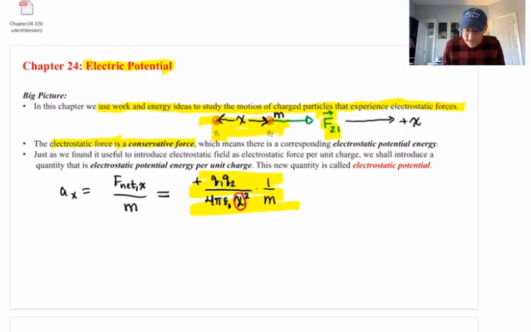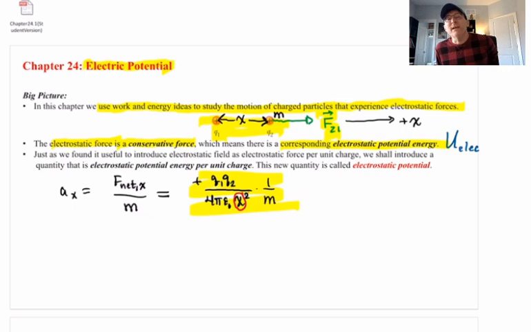And if that's true, that means there is a corresponding electrostatic potential energy that we could denote U, or U electric. So just like we had a U gravitational and a U elastic, we'll now have a U electric, because we have our third conservative force, the electrostatic force on one charged particle due to another.